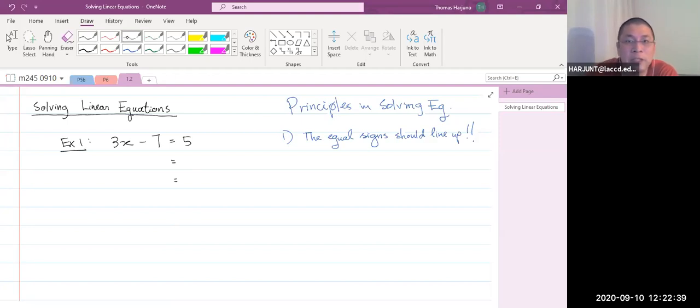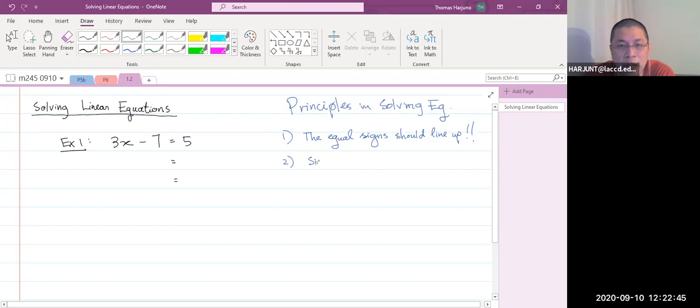So first principle, your equal sign should line up. Second, simplify each side before moving terms across the equal sign.